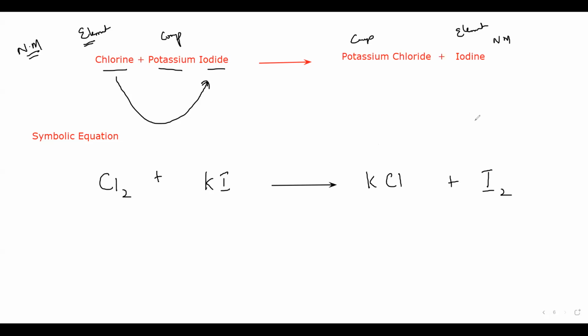Normally balancing starts with oxygen followed by hydrogen and then any other element. But in this equation there is no oxygen, so you can start balancing with any element. For balancing, the number you should write is before the element or compound. So these blanks you can fill up. You cannot write the number below.